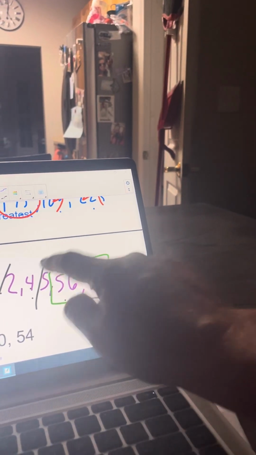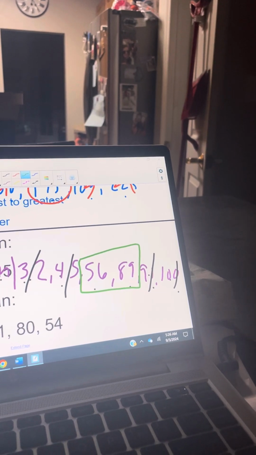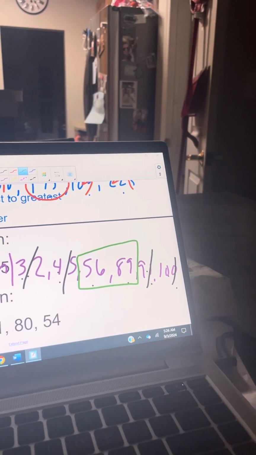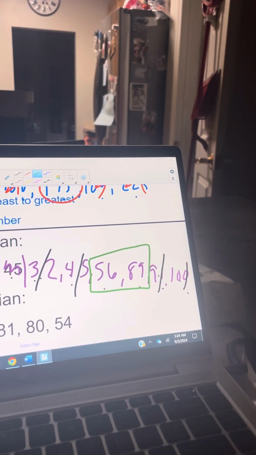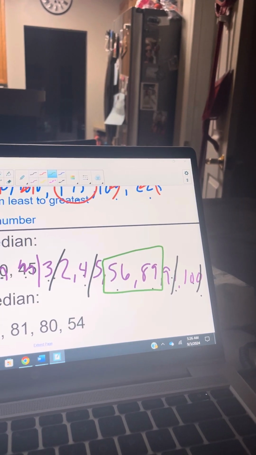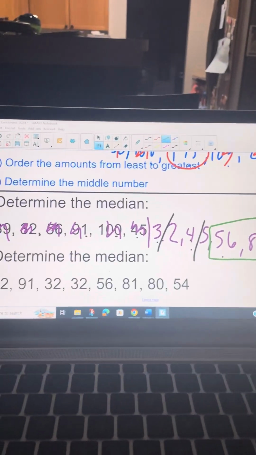Well, what happened? Well, in this case, it looks like I have 2 numbers in the middle. When I have 2 numbers in the middle, I have to do something a little bit different in order to find the median. We're going to jump forward a slide to see what that is.